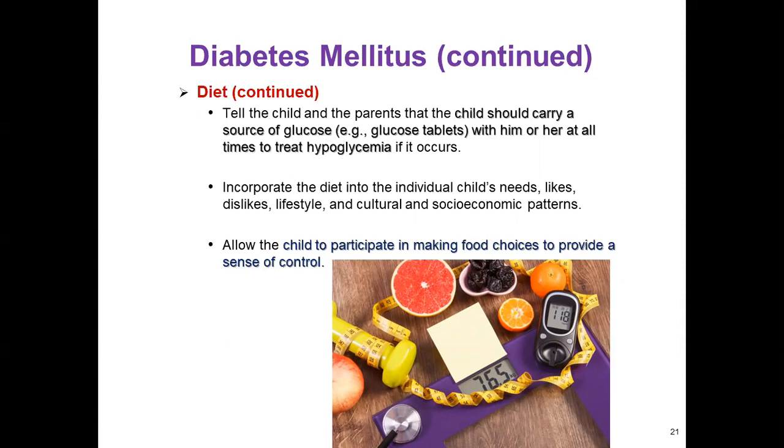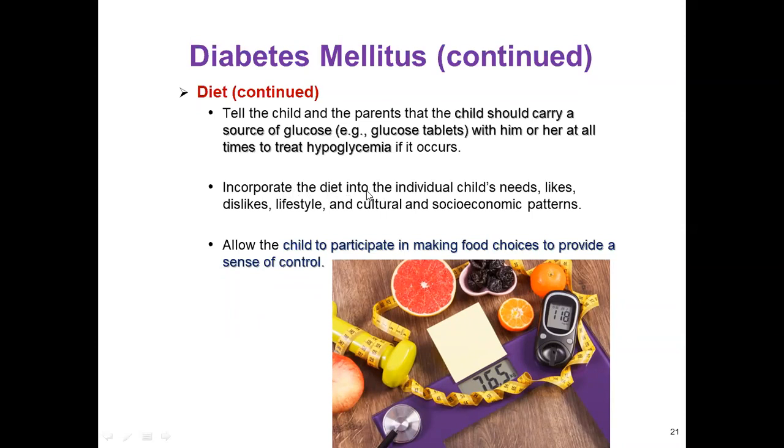Because hypoglycemia is a danger sign, right? And the patient can go into shock. Level of concentration will be altered. To prevent the complication, make sure the patient carries some glucose tablet or candy.